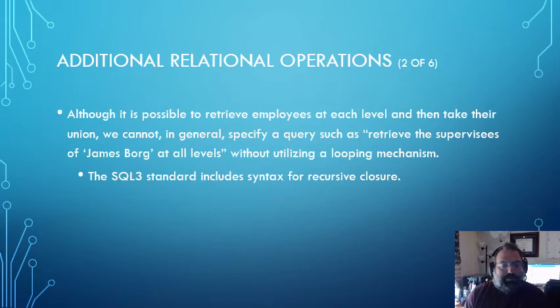Although it is possible to retrieve the employees at each level and then take their union, we cannot in general satisfy a query such as retrieve the supervisees of James Borg at all levels without utilizing a looping mechanism. SQL3 standard includes syntax for recursive closure.